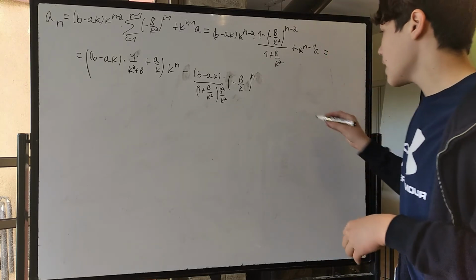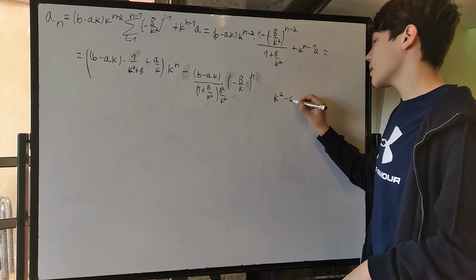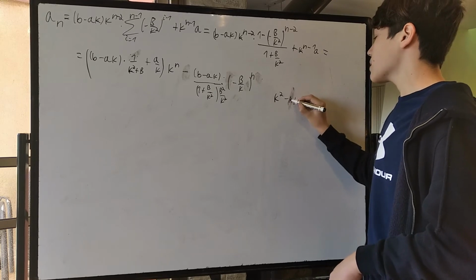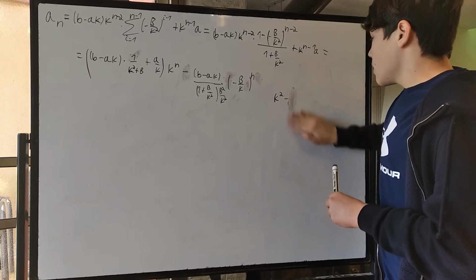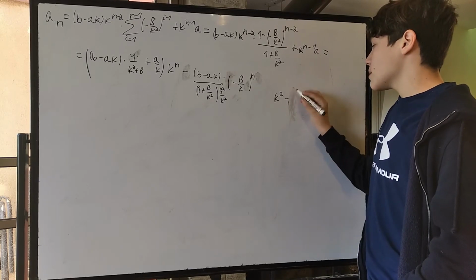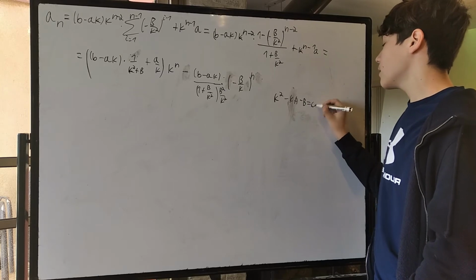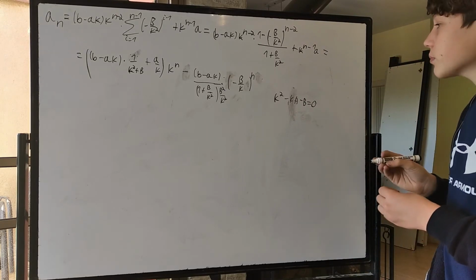So k is the root of k squared minus k big A minus b, and it's a solution to this equation.